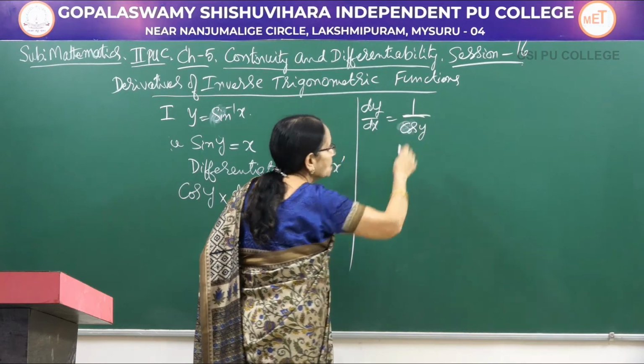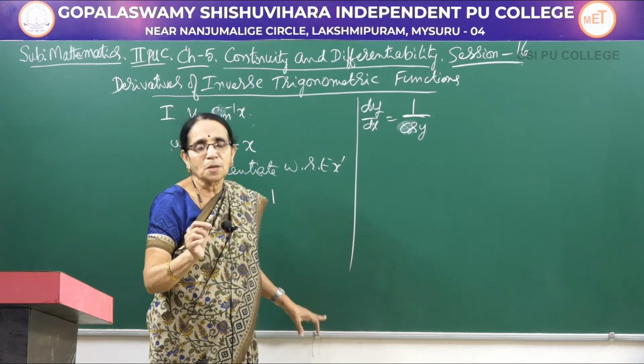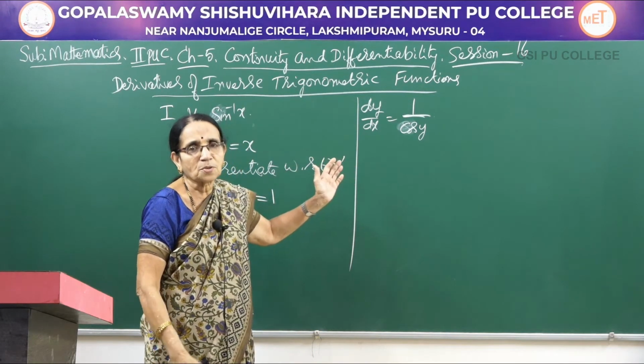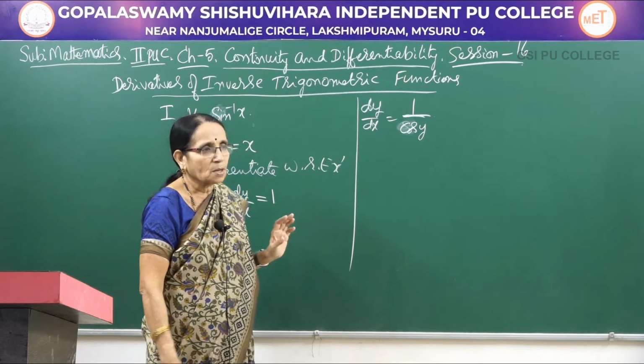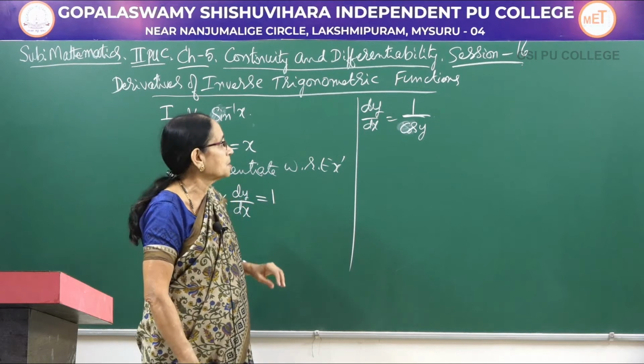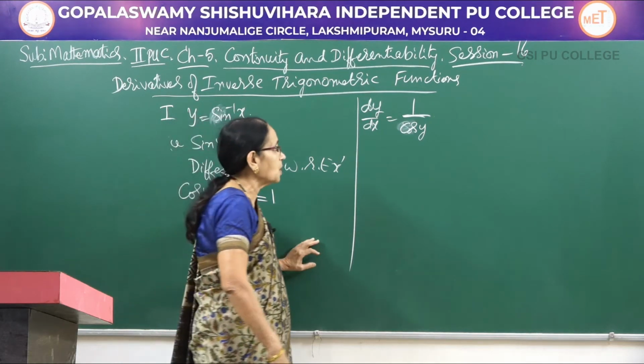cos y. See, the function is given in terms of x, that is, y has been expressed in terms of x, so even dy by dx should be expressed in terms of x only. For that, we make use of the basic identity of trigonometry. You know that sin square theta plus cos square theta is equal to 1.